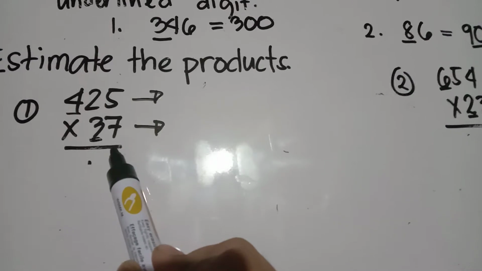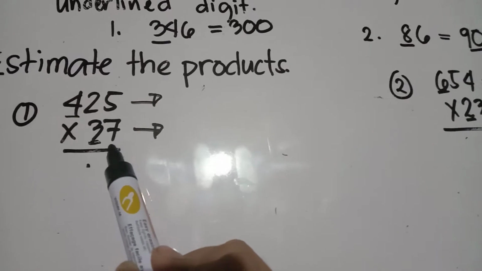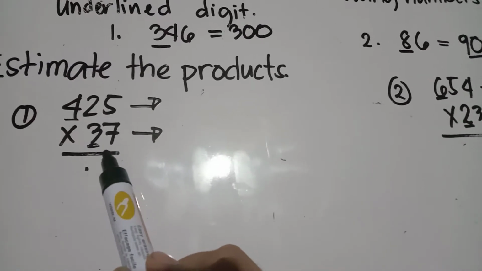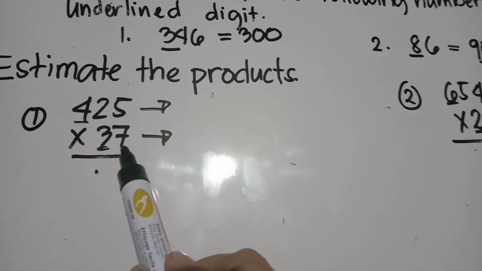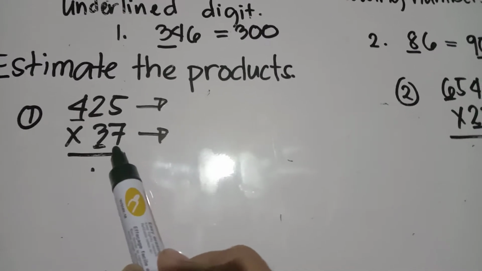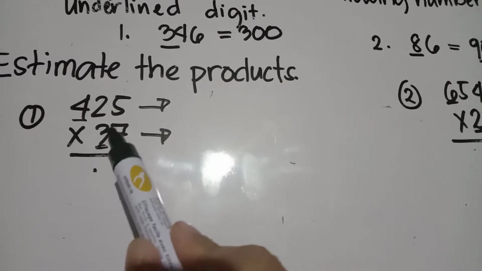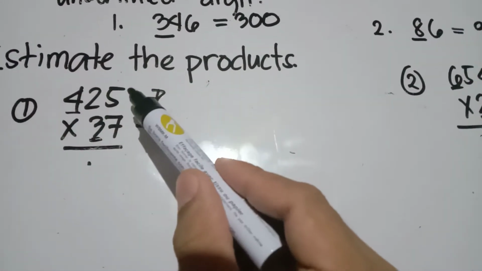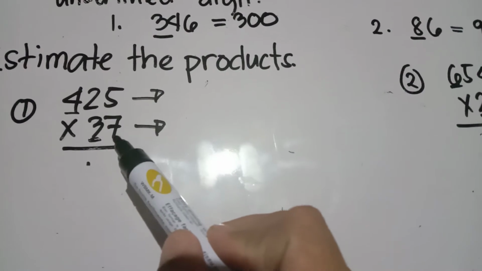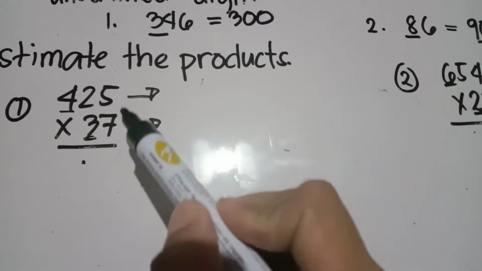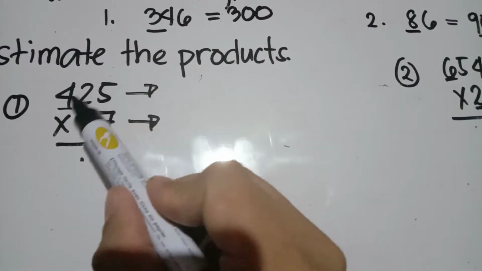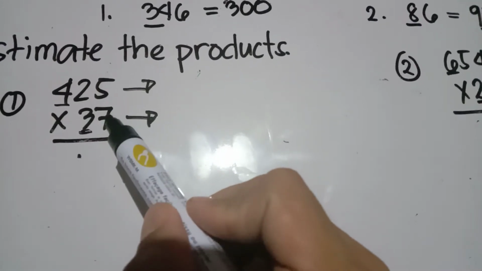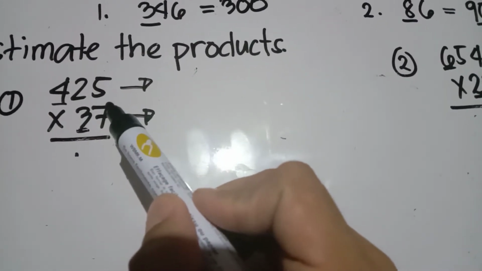The first thing to do in estimating the product is we are going to round the two factors. 425 and 37 are called factors. We are going to round these two numbers to the highest place value.